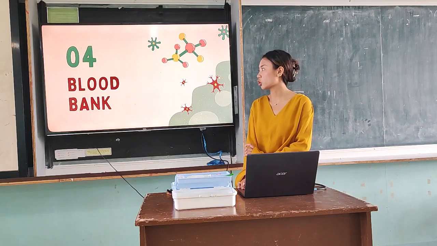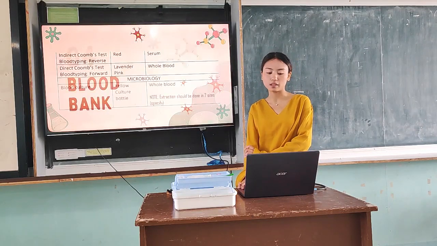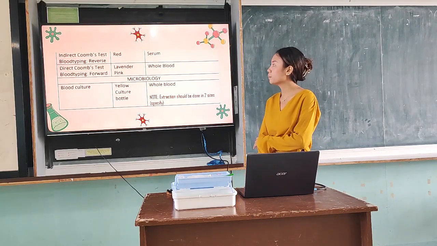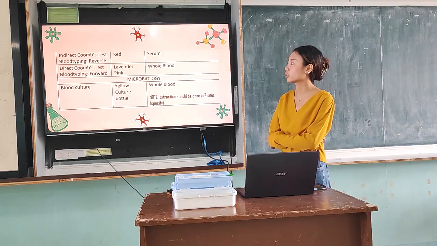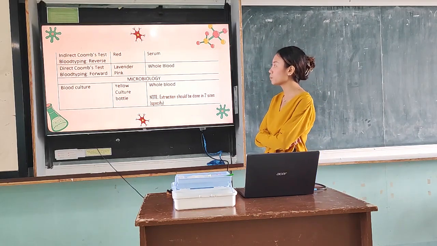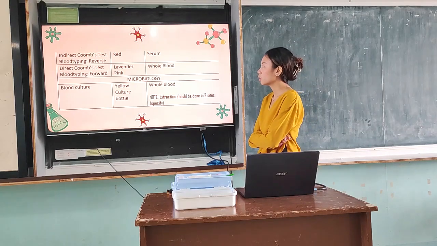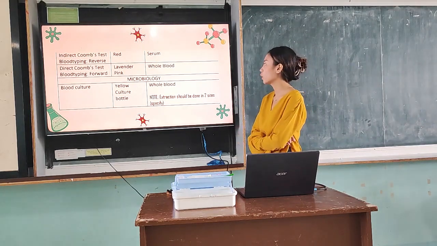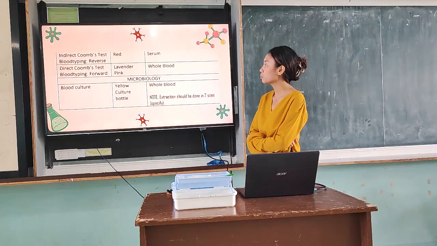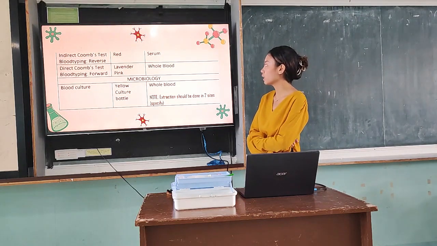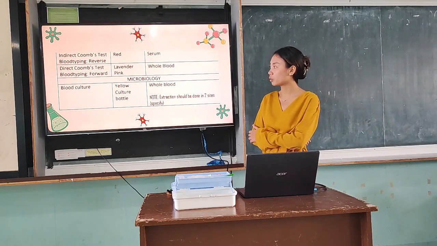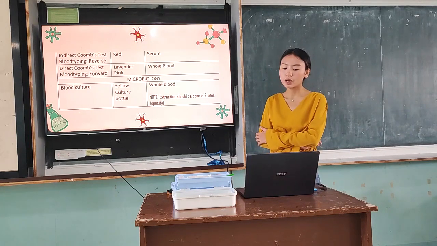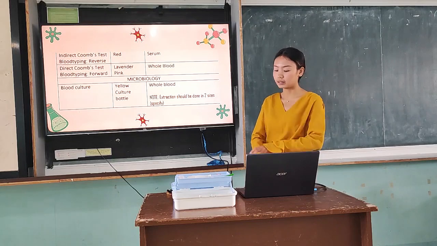Okay, for the next section in the laboratory, we have the blood bank. For blood bank, we have different tests here, such as the indirect Coombs test or blood typing. We have the reverse and forward. So, ginagamit sa indirect, a red serum. And then sa direct typing naman or forward, we use lavender or pink for whole blood.